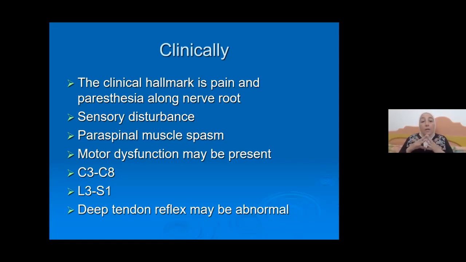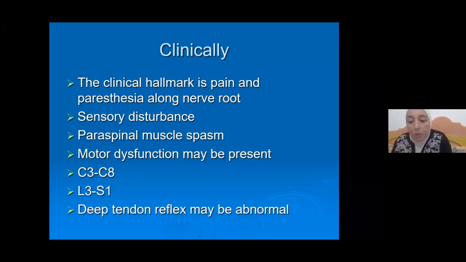There are degenerative changes in the vertebrae causing radiculopathy. There are common sites for such findings, which is from C3 to C8 in the cervical region. In the lumbosacral region, it's commonly in L3, L4, L5, and S1 roots.